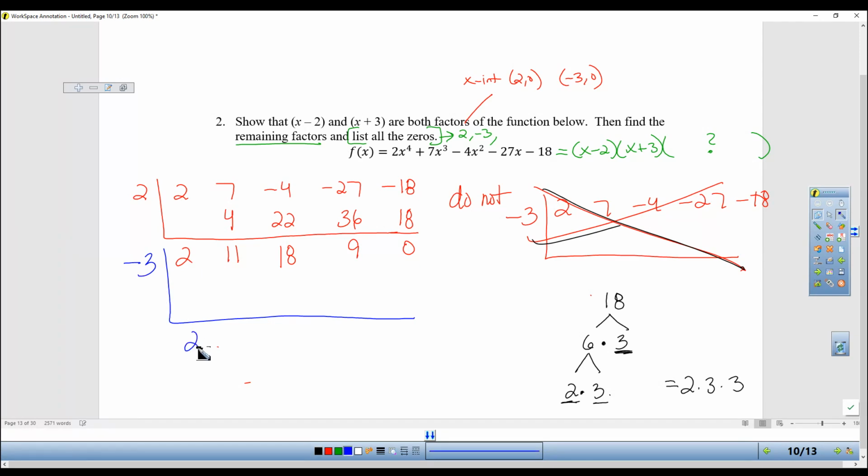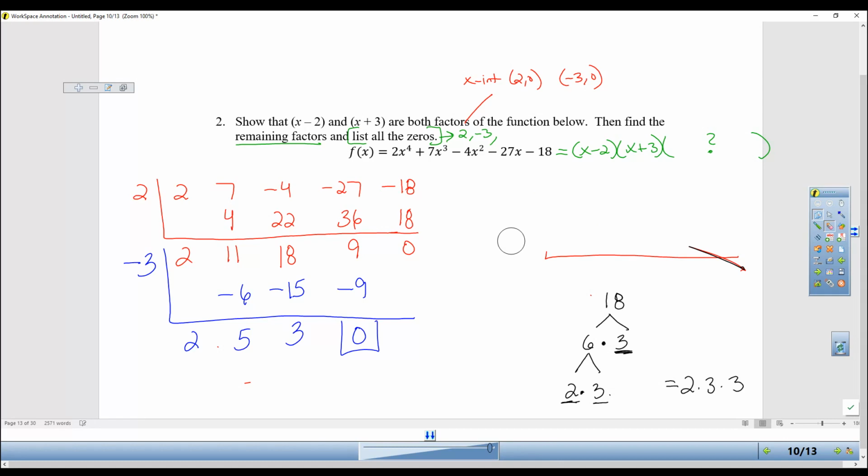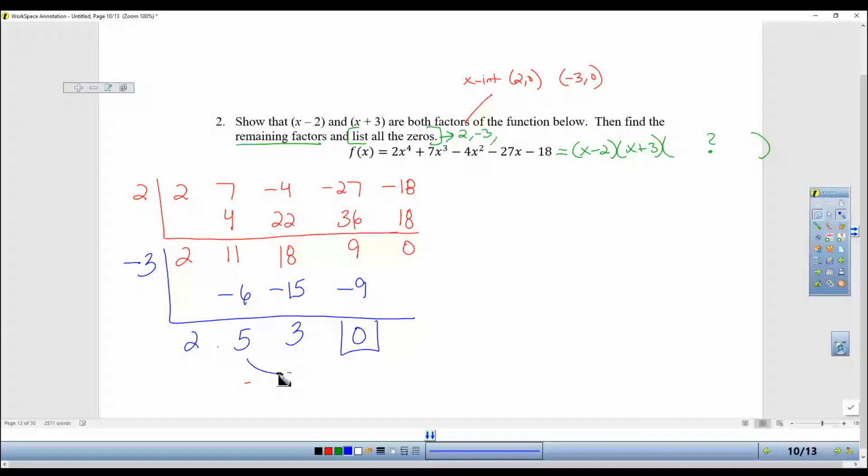So I get 2, add, multiply, add, multiply, add, multiply, add. And look, I got 0, which I expected because it says it's a factor. So I'm just going to erase this real quick. So what goes here? What is the last factor?